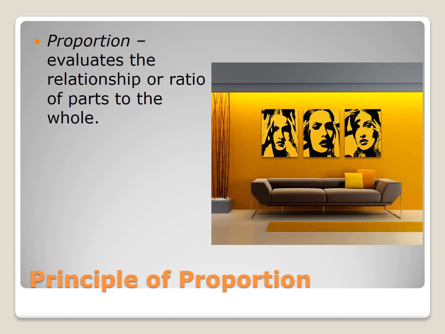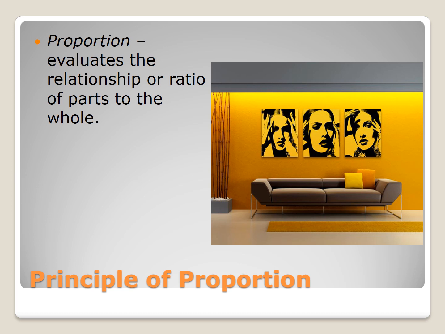So with that, we also have proportion, which is where you look at the whole section and make sure that things are in proportion to each other, as either a section of a room that you see or something in relation to its parts and its whole.